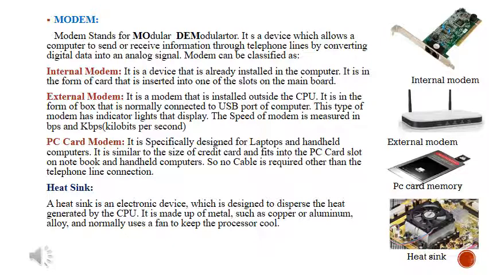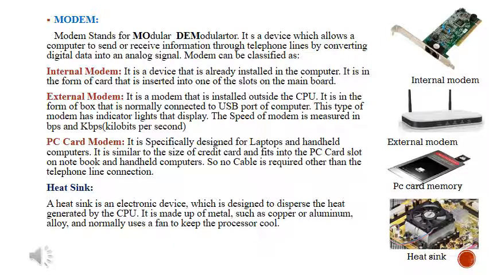Heatsink. A heatsink is an electronic device which is designed to disperse the heat generated by the CPU. When we are working for a long time on the system, the CPU generates heat.